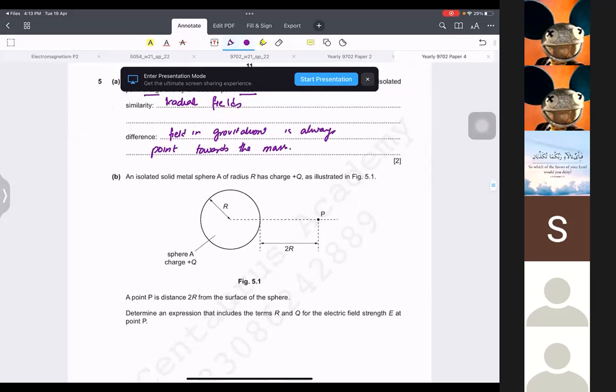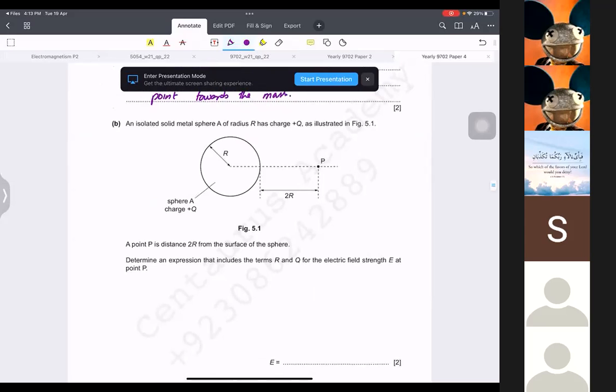So strange. Okay, then it is a sphere. Determine the expression that includes R and Q for the electric field strength at P. So this should be actually R, so it makes up 3R. So KQ over R. So KQ over 3R.